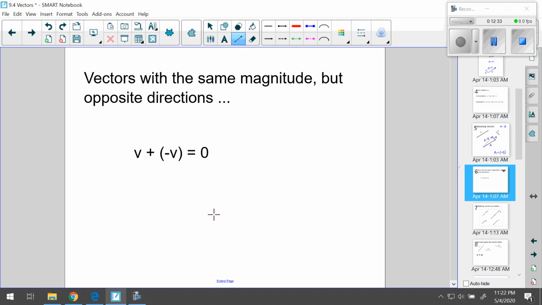For example, if I started here and went in this direction, and then from that new ending point I went in the direction of negative v, that would take me right back to where I started. If you think in terms of velocity or displacement, it's as if I didn't do anything. The object is still right where it started, and so we could represent that with the number 0.